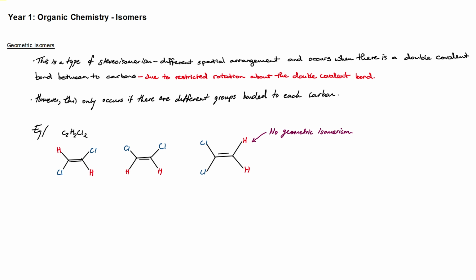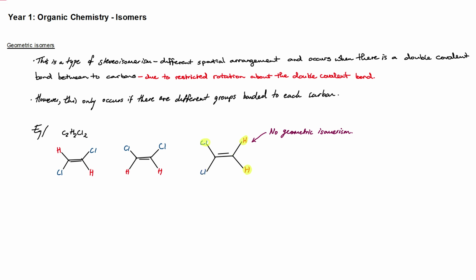And the why is quite simple: these 2 are the same groups of atoms or atom, and these 2 are the same, and they're attached to the same carbon. And that means that, quite simply, it doesn't matter if this bond can rotate round and round. It's irrelevant, because if it was able to rotate 180 degrees, it would still end up with the same molecule.